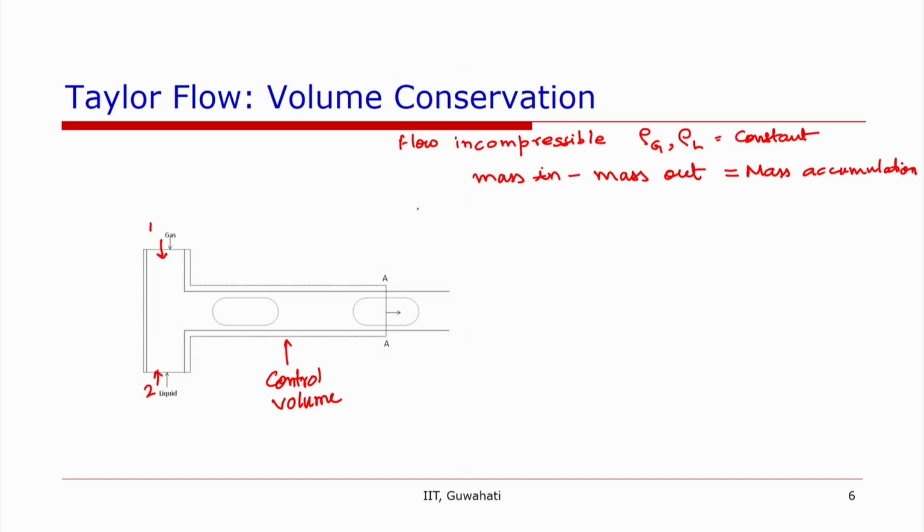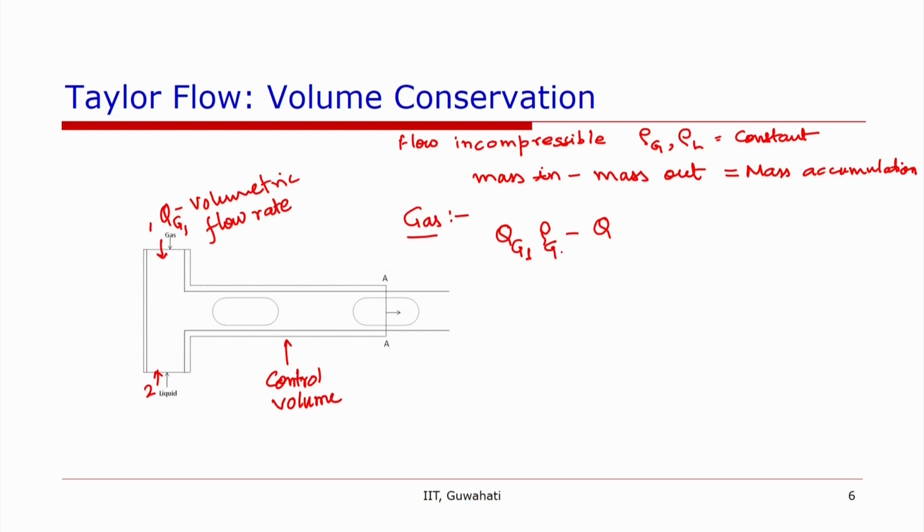So if we look at the gas phase, then if the gas flow rate is Qg1 at the inlet, and the density of gas is rho g, minus the gas flow rate at AA. So Q is volumetric flow rate.